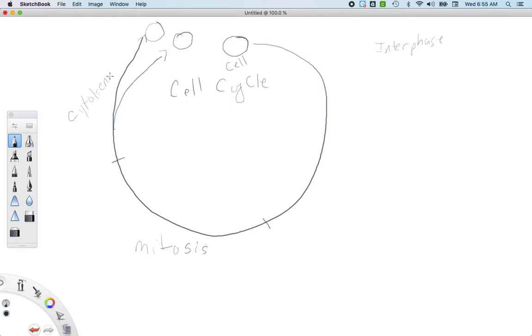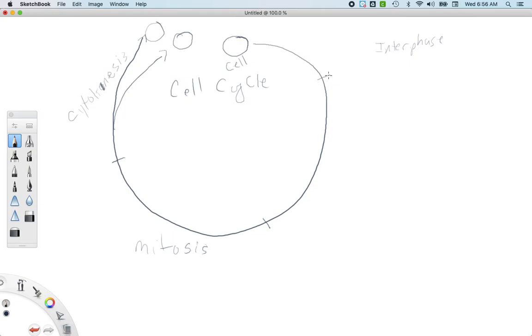I always spell that wrong. So we've got interphase, mitosis, and cytokinesis for a typical cell cycle for a cell that is going to make two identical copies of itself.